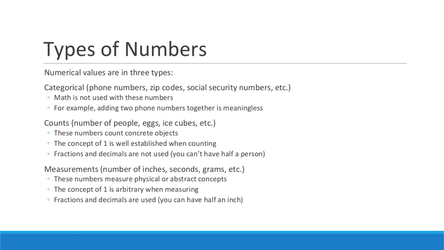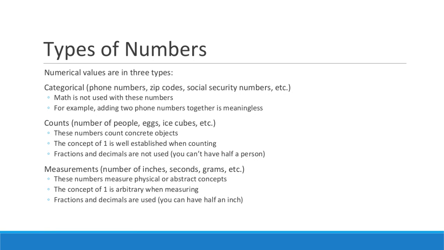That's an odd thing to say, the concept of 1, but let's get into this next type, and I think you'll understand why I bring it up. Measurements are slightly different. Number of inches, seconds, grams. Although we can count them in ideas, we don't have a physical relation to them all the time. So they measure physical or abstract concepts.